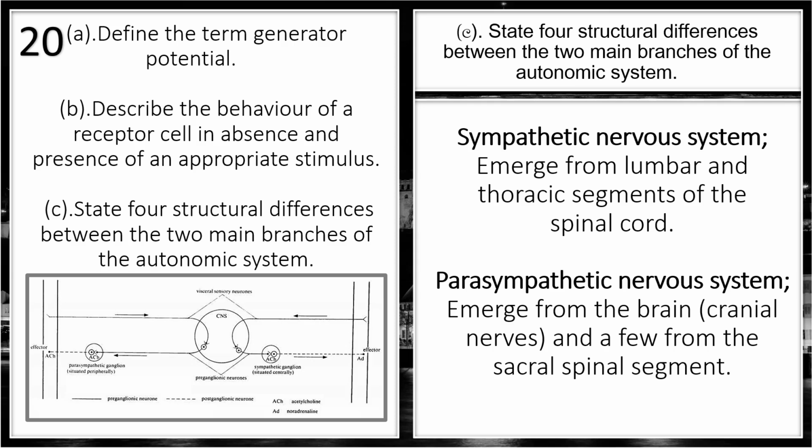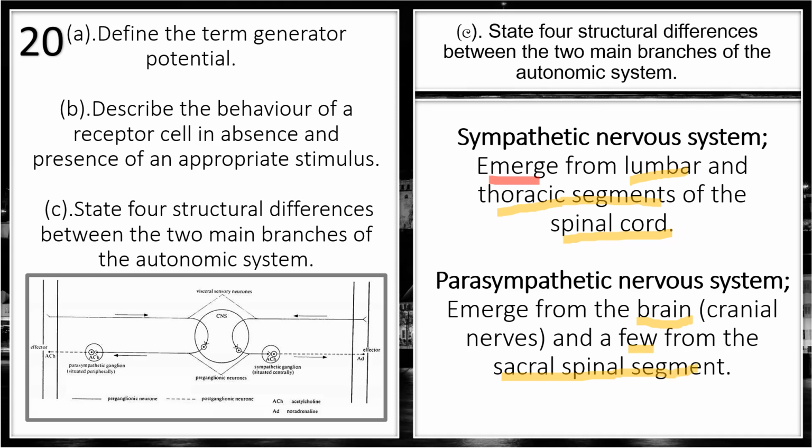In the sympathetic, it emerges from the lumbar and thoracic segments of the spinal cord. In the parasympathetic nervous system, it emerges from the brain or cranial nerves and a few from the sacral spinal segment.